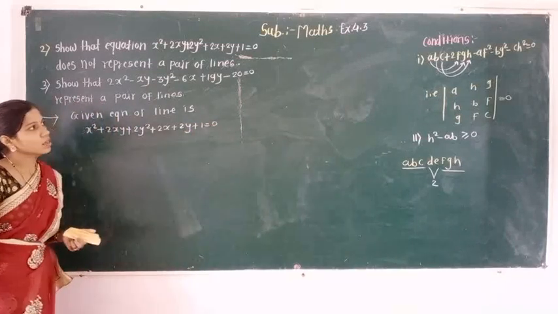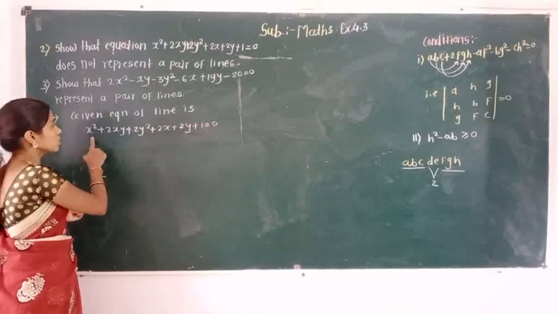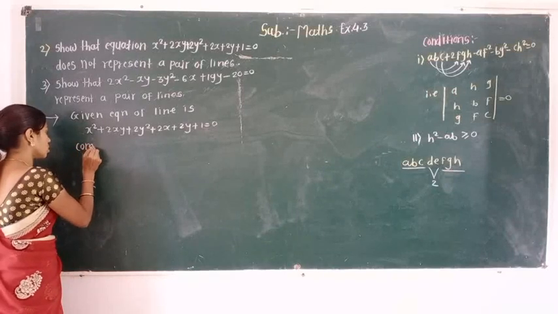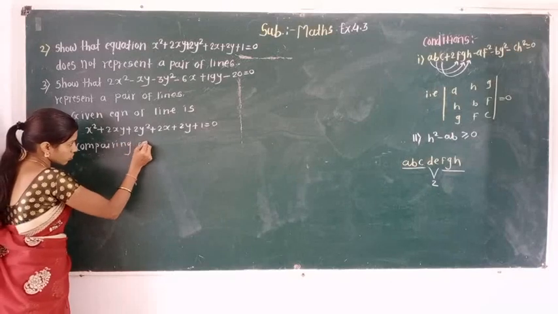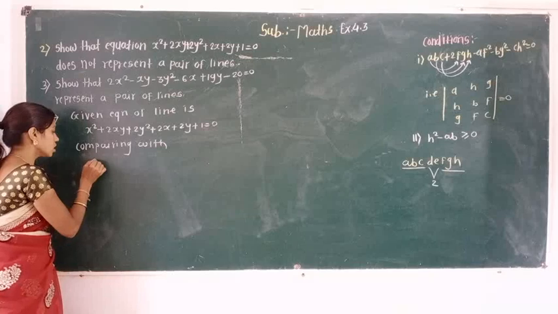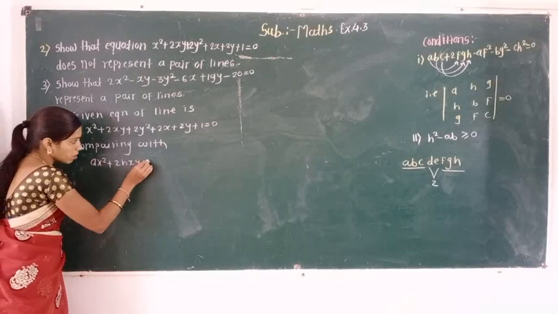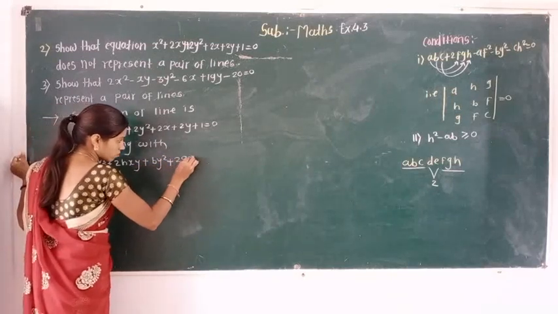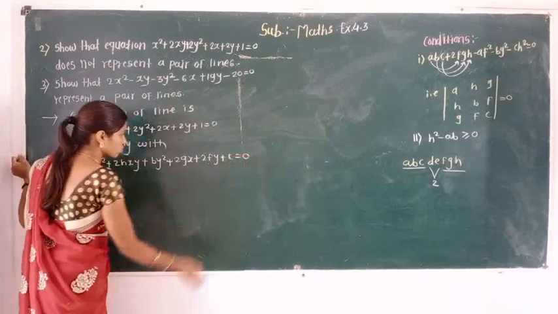For finding the values of a, b, c and f, g, h, first of all we compare this equation with the general second degree equation, which is ax square plus 2hxy plus by square plus 2gx plus 2fy plus c is equal to 0.